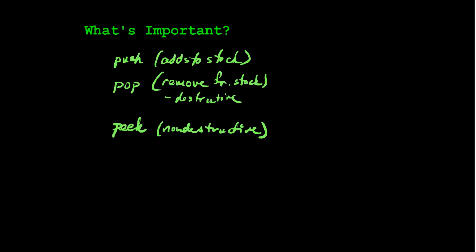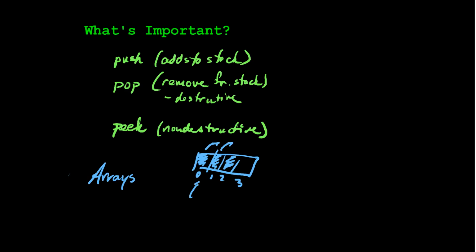Now, because we are going to be implementing this with arrays, my arrays tend to have a fixed length. So I'm going to have position 0, 1, 2, 3, and I'm going to put stuff into my stack and take stuff off of my stack, which means I need to keep track of whatever the top of my stack is and whatever the bottom of my stack is.